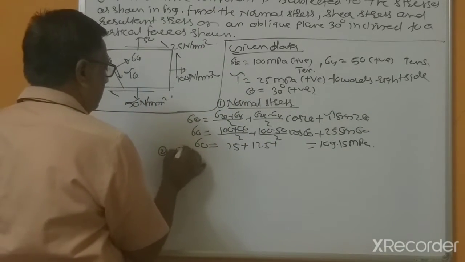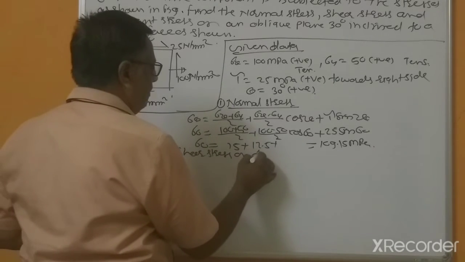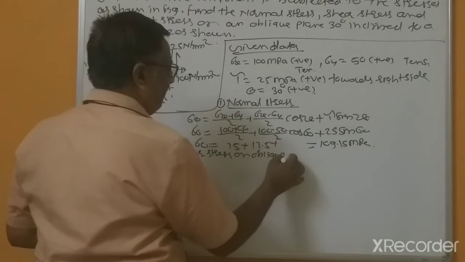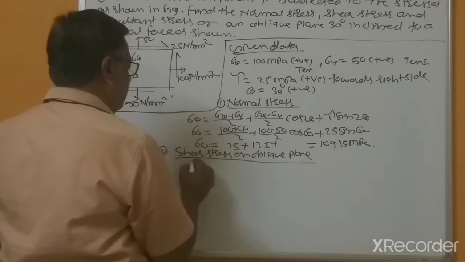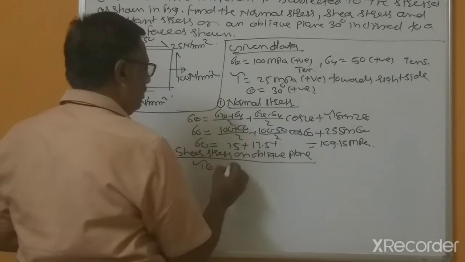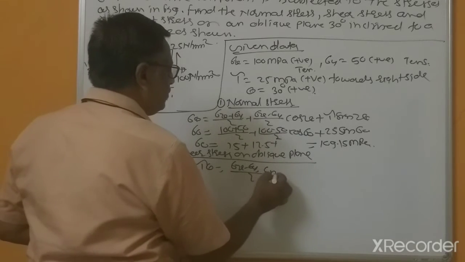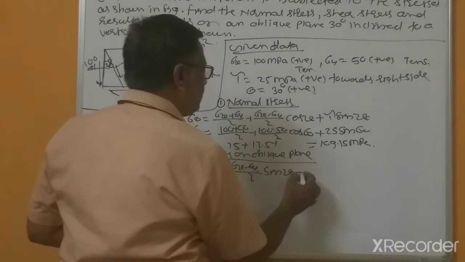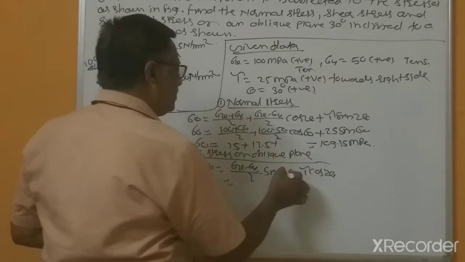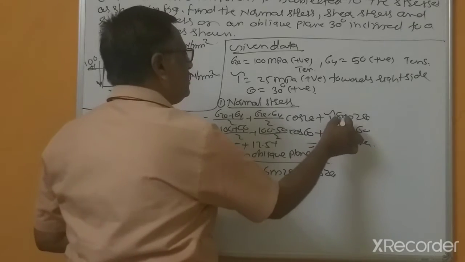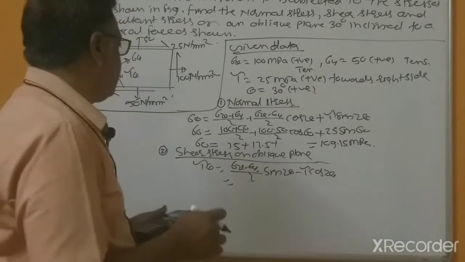Second bit, shear stress on the oblique plane. So tau theta equal to sigma x minus sigma y divided by 2 sin 2 theta minus tau cos 2 theta. Only we have to change this: instead of cos 2 theta, this is sin 2 theta, instead of sin 2 theta, cos 2 theta, and instead of the plus sign, a minus sign.